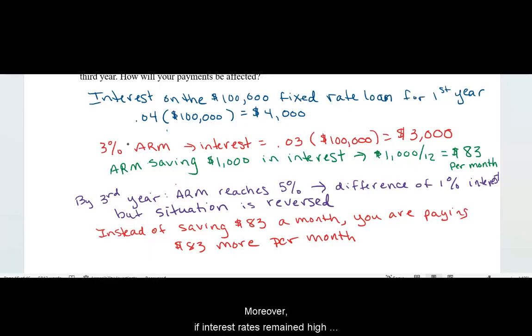Moreover, if interest rates remained high on that adjustable rate mortgage, you will continue to make these high payments for many more years to come. So what I'm trying to get at here is, while adjustable rate mortgages do reduce risk for the lender, they do add risk for the borrower. So I always say, please do your research when you're looking at a comparison of an adjustable rate mortgage and a fixed rate.